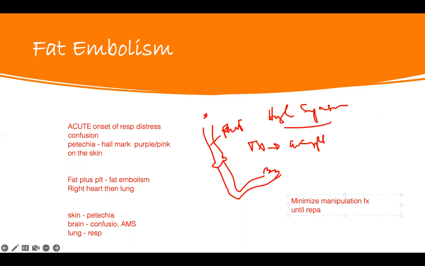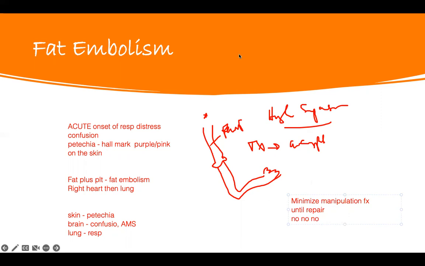So as a nurse, if you see your UAP moving a long bone fracture that is not repaired, you will say, no, no, no, don't do that. It's not allowed. And that is briefly all.